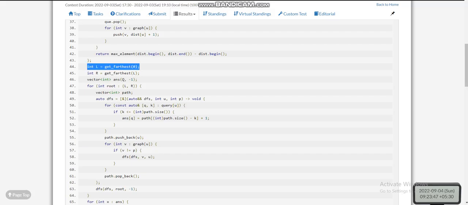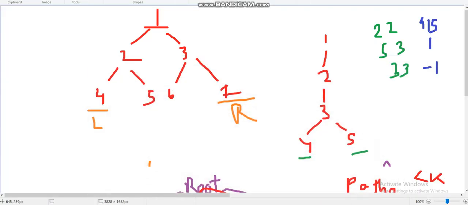It is common diameter finding code. So they are finding l and r here, and again now they are doing dfs considering root as l and r. So they are considering both l and r as a root, and they are doing dfs, and let's say there exists a query qi, which is ui comma ki.